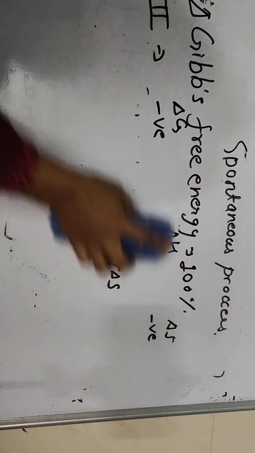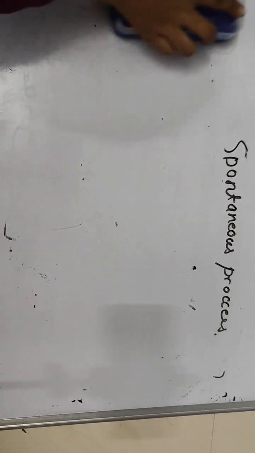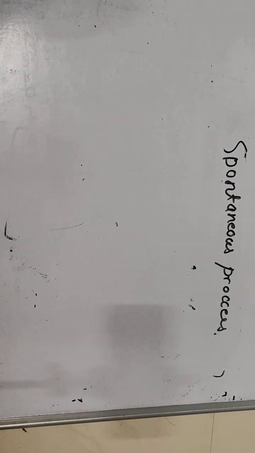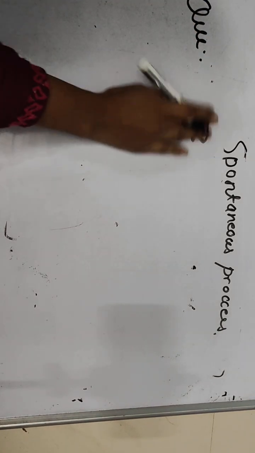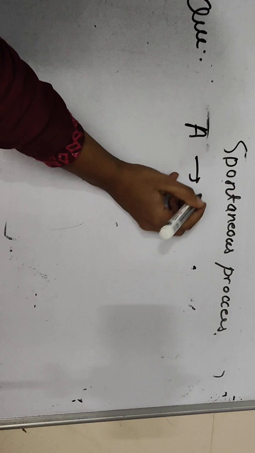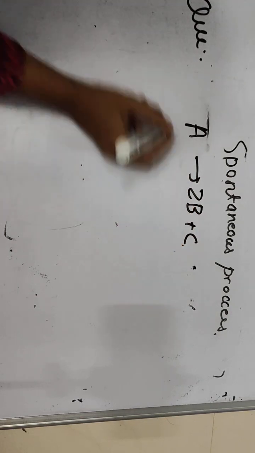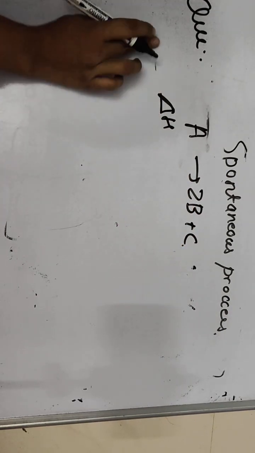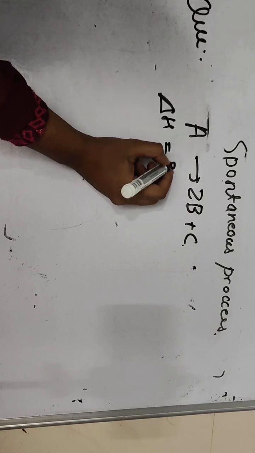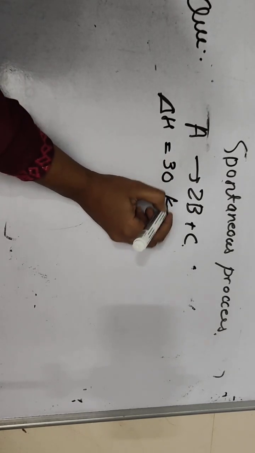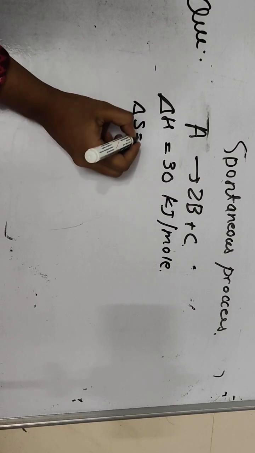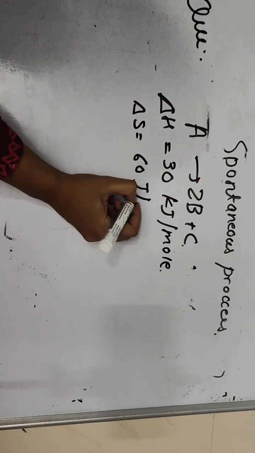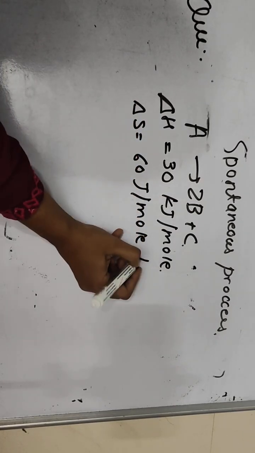Let's take one example. Here is one question. Reaction A is given, A gives 2B. Delta H is given as 30 kilojoule per mole, and delta S is given as 60 joule per mole Kelvin.